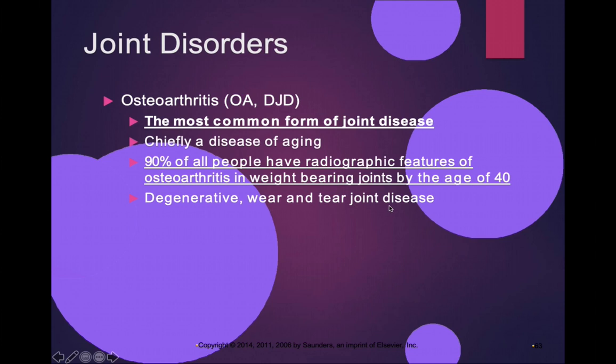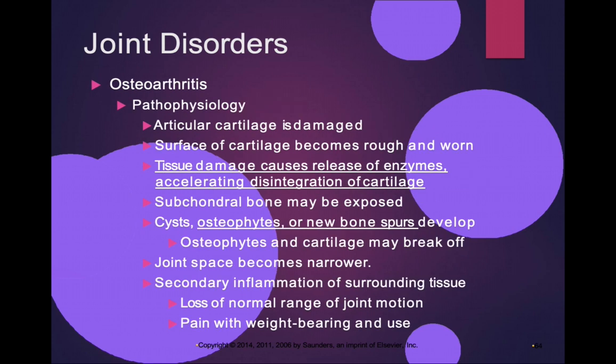Degeneration is wear and tear. It's a wear and tear joint disease is what DJD or osteoarthritis is. The articular cartilage, which is hyaline cartilage, becomes damaged. The surface becomes very rough, it becomes worn. And when that hyaline cartilage becomes damaged, it releases these enzymes.